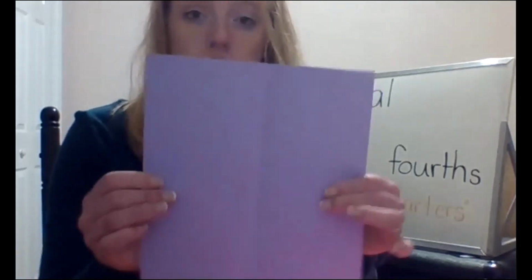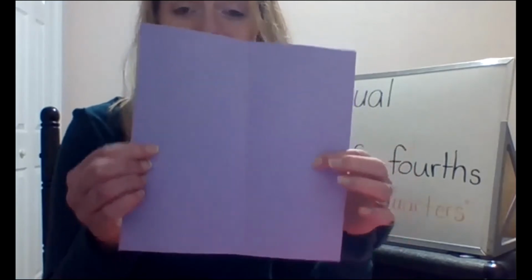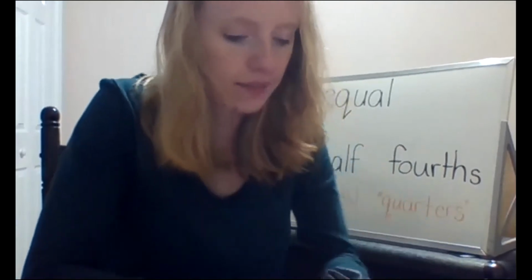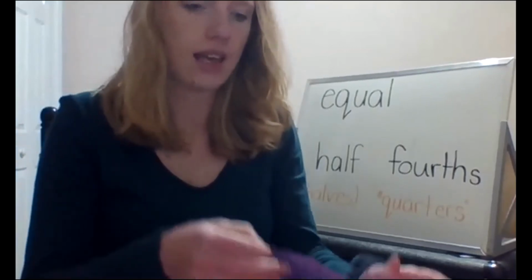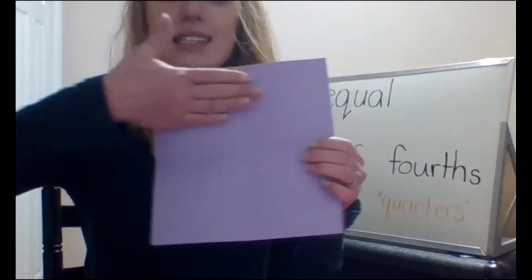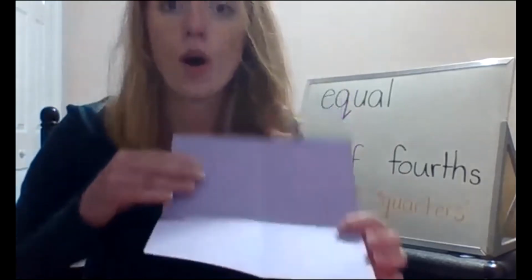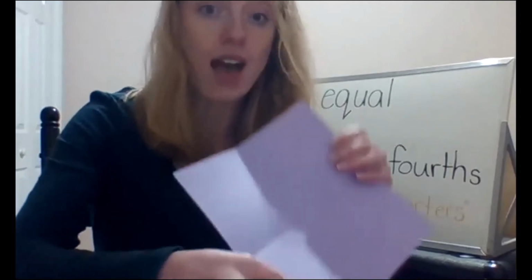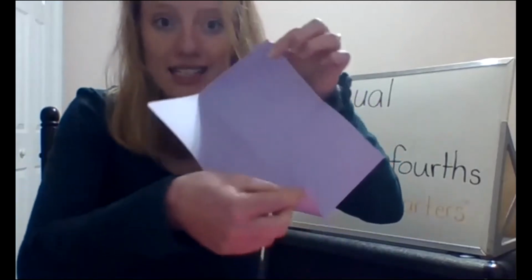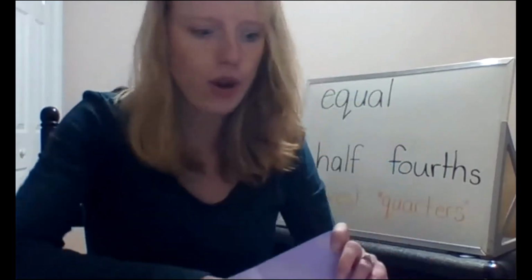So I can split a square into halves like this, or I could fold it the other way. And then I could have this half and this half. There's another way that I can fold a square into half. I could connect the corners that are across from each other.